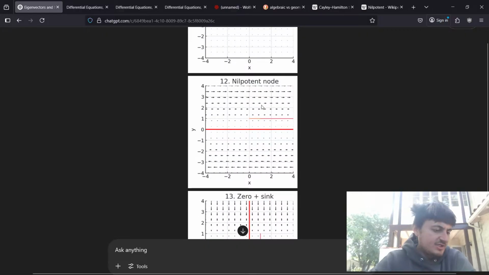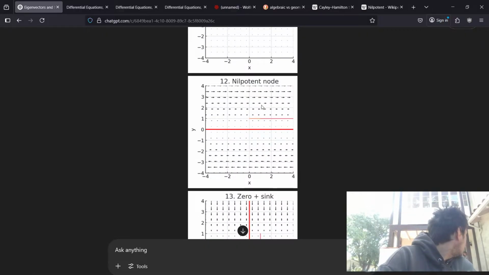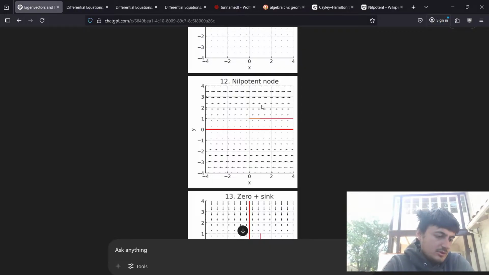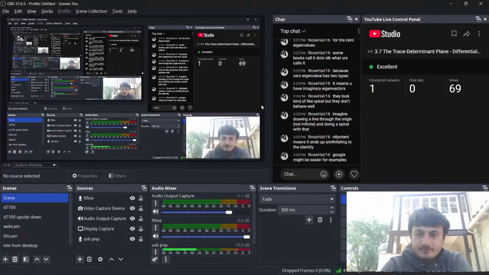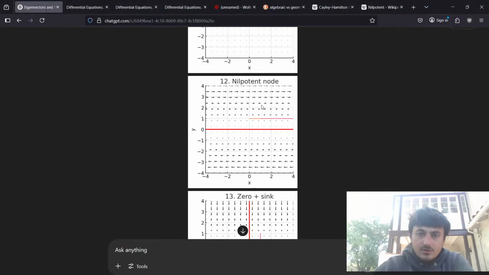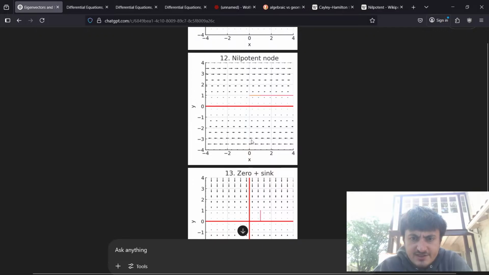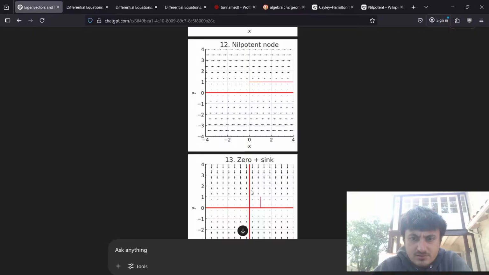How is that different from the nilpotent? Okay, so the nilpotent node is different because why?